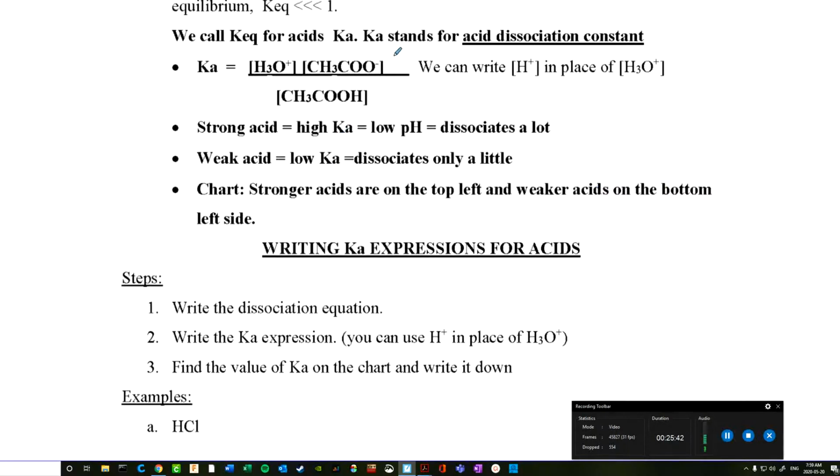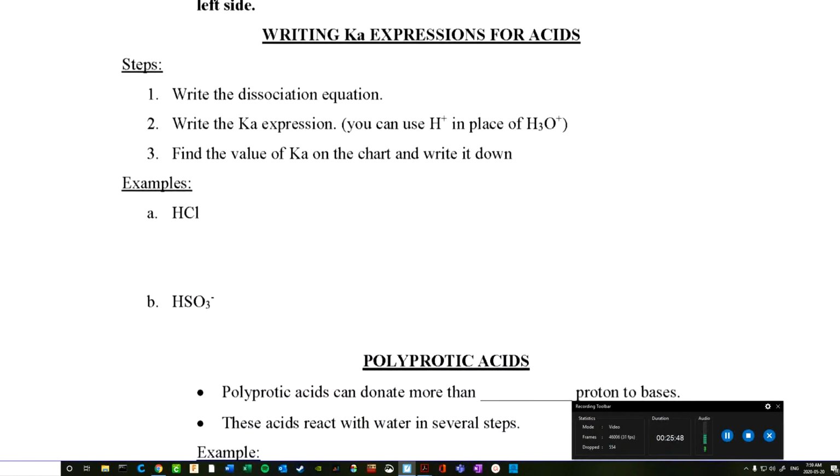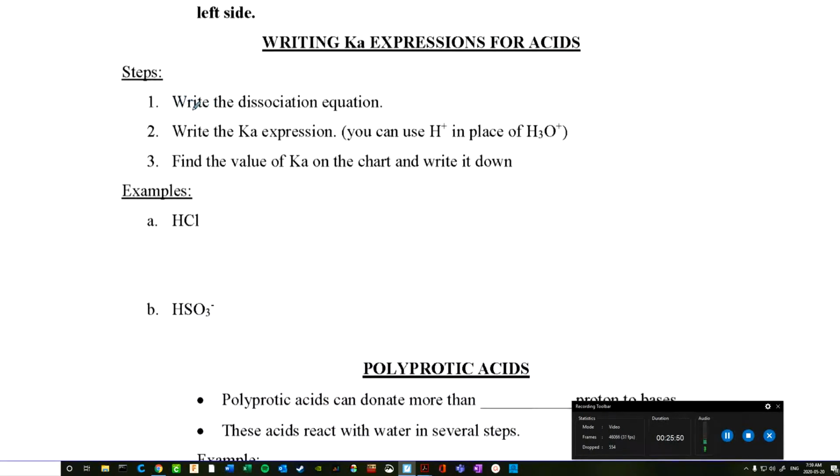So it just goes from strong down to weak. So let's just practice writing some Ka expressions for acids. So we're going to write the dissociation equation, then we're going to write the Ka expression using H plus instead of H3O plus. And then we're going to see how we can just pull the value of Ka off our chart.